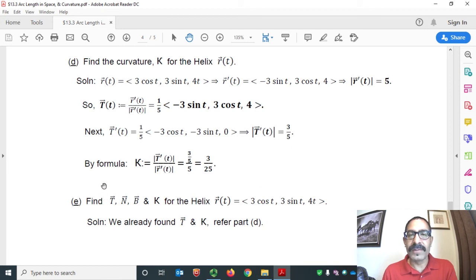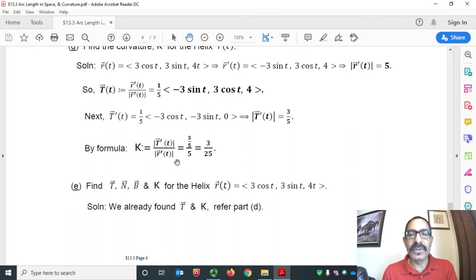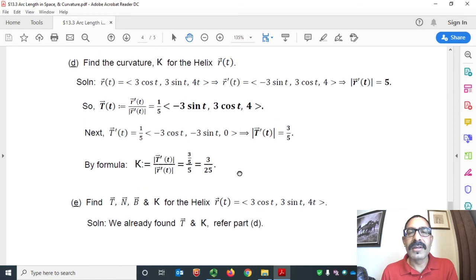Hence, by the formula of curvature, curvature equals the ratio of the magnitude of T prime over the magnitude of r prime. So 3/5 over 5 turns out to be 3 over 25. I hope this computation makes sense to you all. Now let's move on.